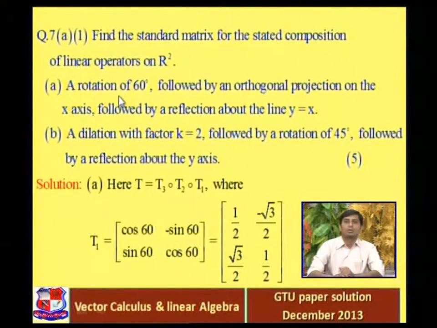Now we already have the standard matrix for the rotation by some angle theta. That standard matrix you have to remember. And then the orthogonal projection on the x-axis also has a standard matrix. So just try to understand how to create these standard matrices and how we compose the three matrices.